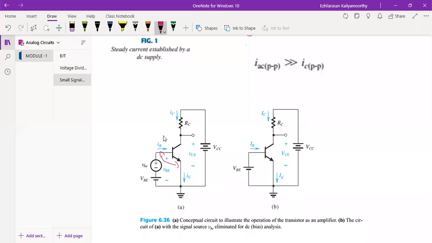Then the collector base junction is reverse biased, as established by connecting the collector to another power supply of voltage VCC through RC.